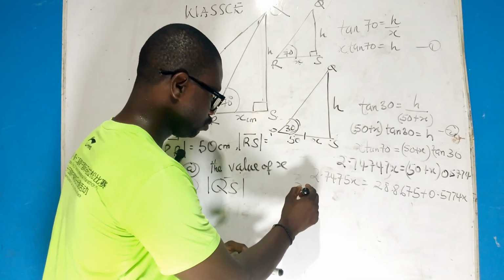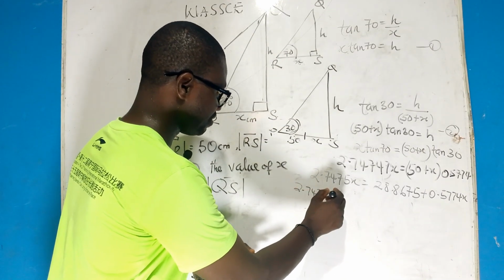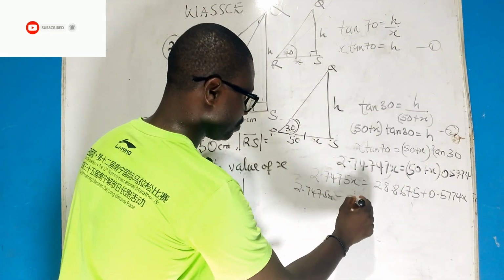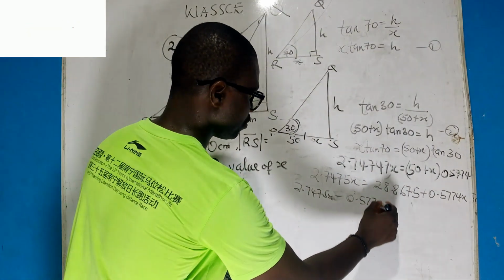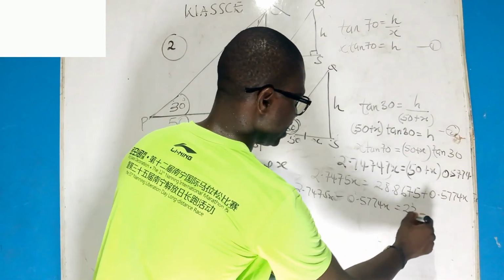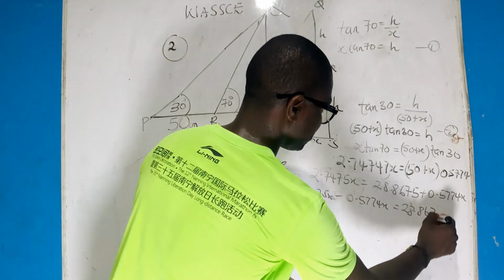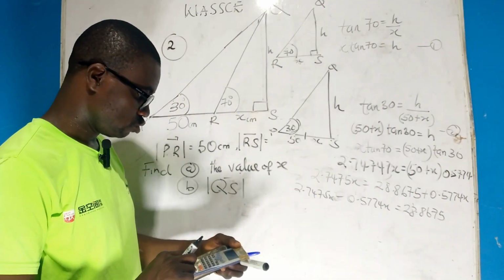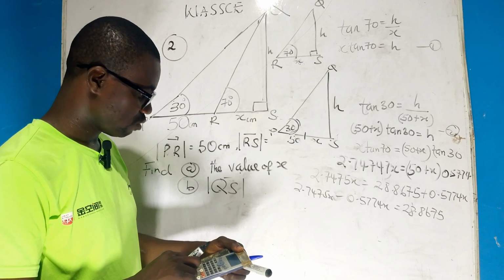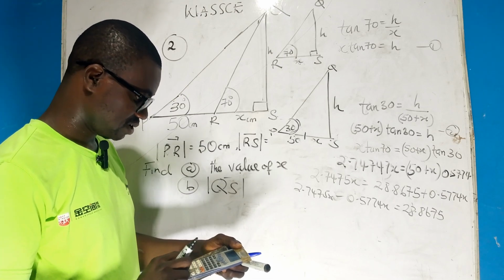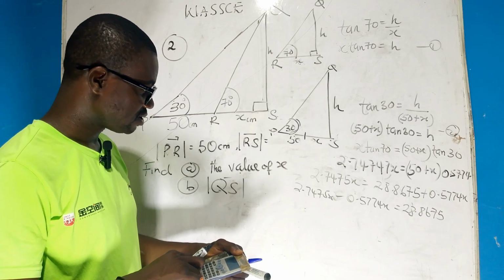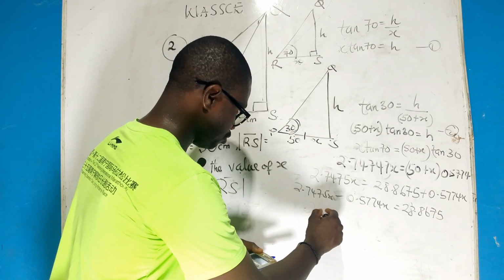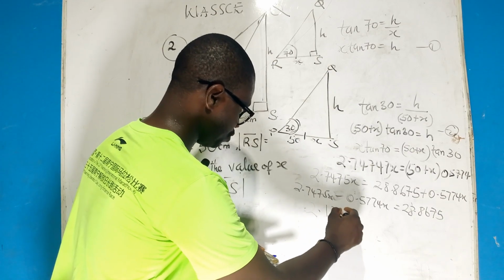You have 2.7475x minus, bringing this one to the other side, 0.5774x is equal to 28.8675. When you subtract 2.7475 minus 0.5774, you are going to get 2.1701.